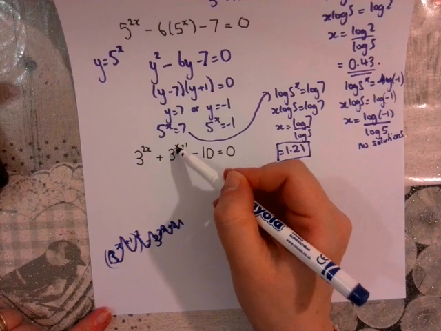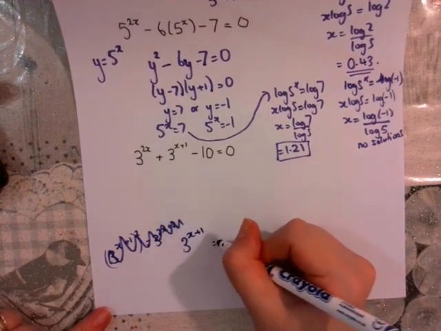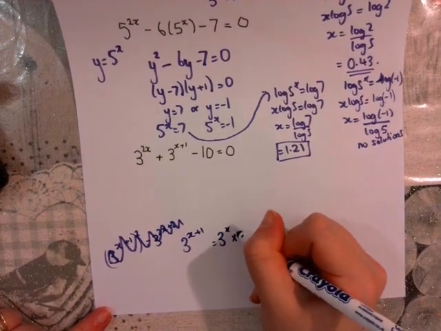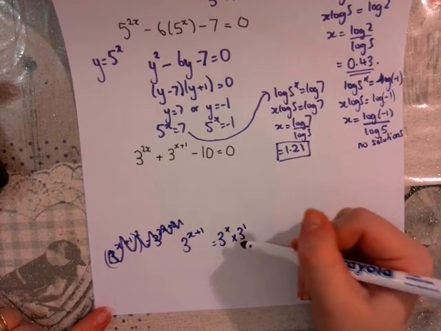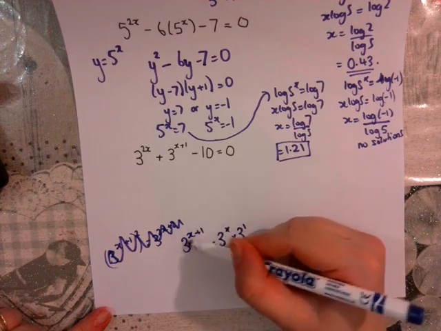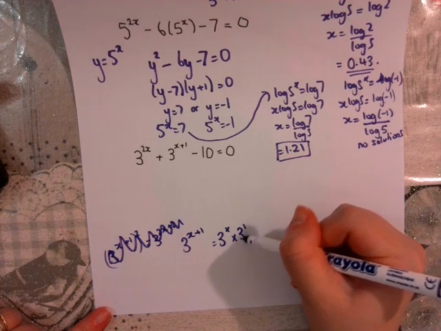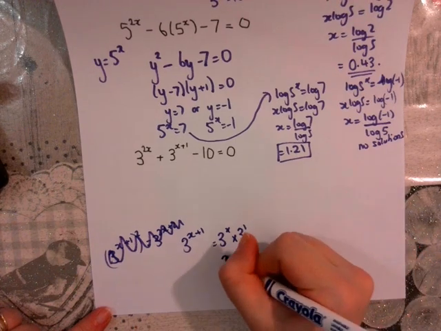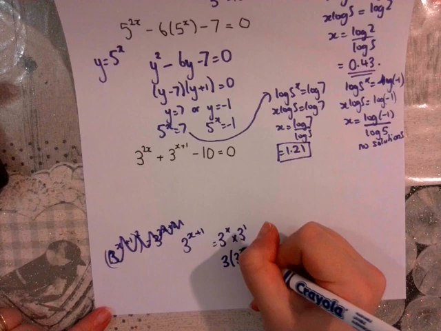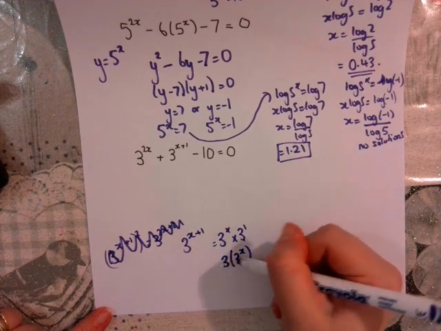If I know it's 3 to the power of x plus 1, that would be the same thing as 3 to the x times 3 to the 1, because when you're multiplying, you add those indices together, so that would give you x plus 1. And then I know that 3 to the power of 1 is 3, so basically it's 3 lots of 3 to the x, like that. So that's what we're going to have to rewrite it as.